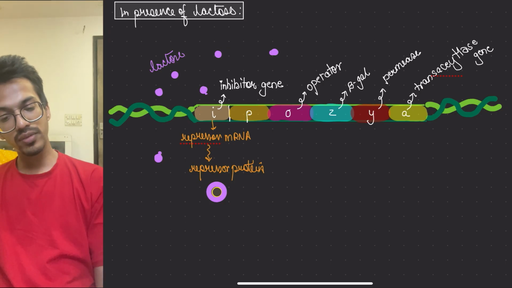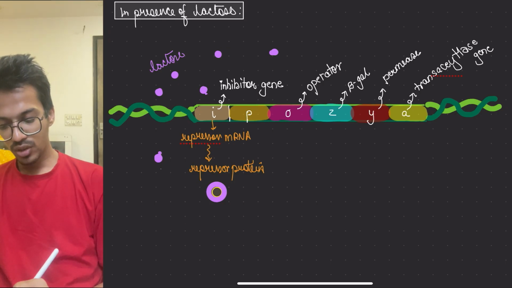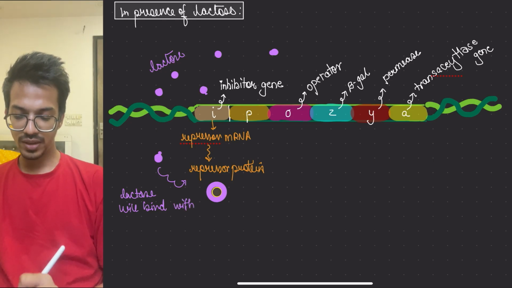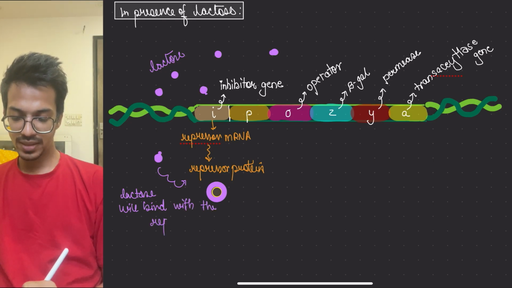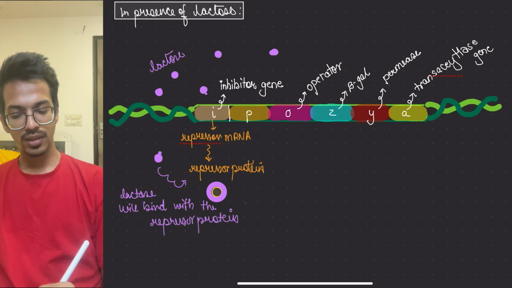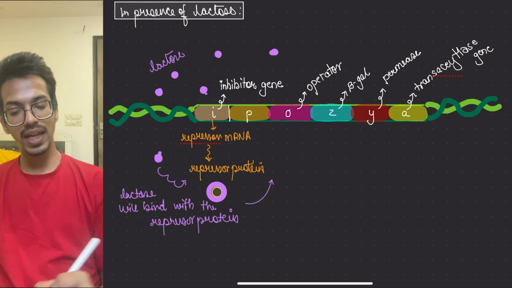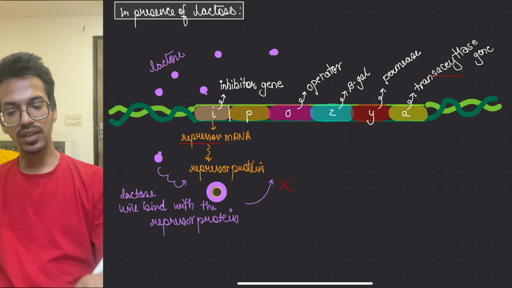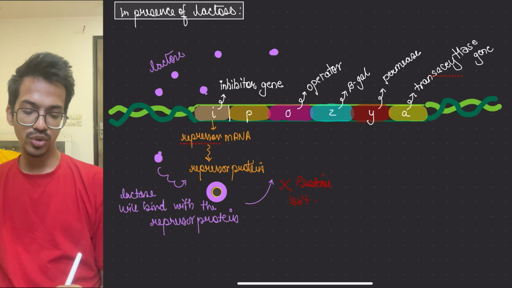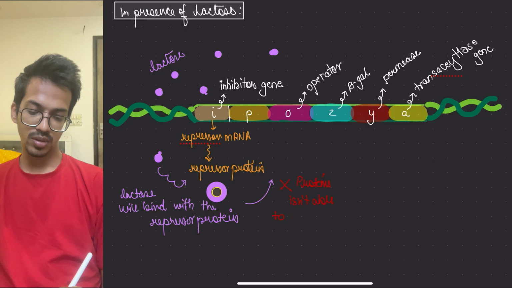So what happened finally? The lactose will bind with the repressor protein, and as it binds, the protein isn't able to mask the operator gene.